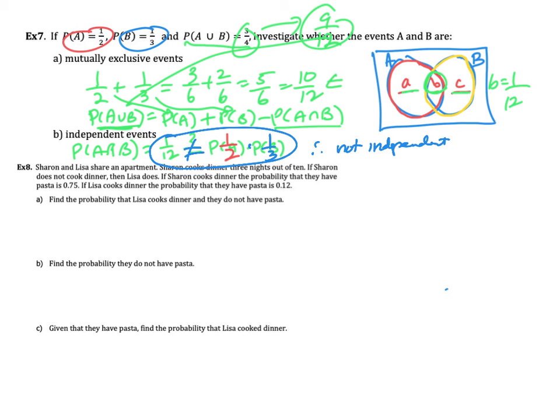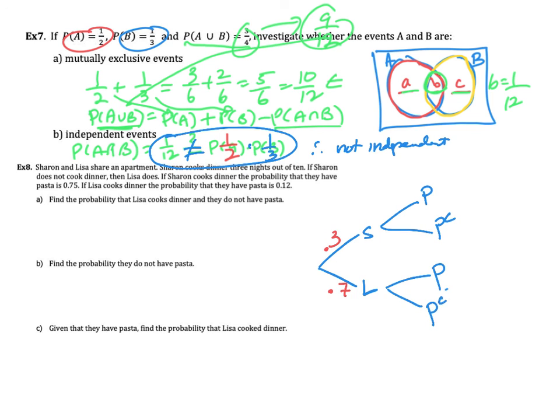Well, hopefully you are thinking tree diagram. We have Sharon and we have Lisa. The probability that Sharon will cook is 30% chance. The probability that Lisa will cook is then a 70% chance. Then from there, they each may or may not cook pasta. So we have pasta and then we have not pasta.